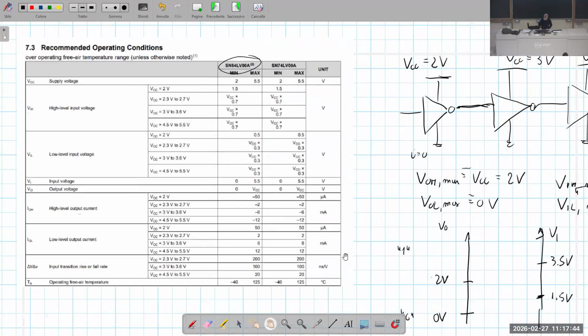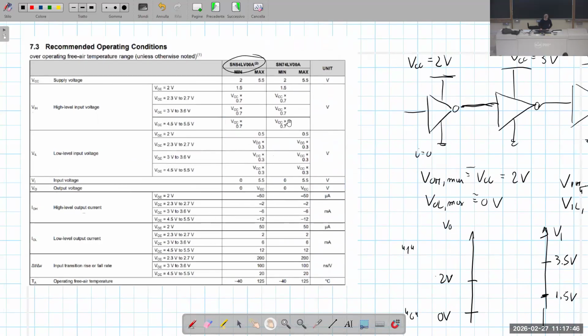I took it from the datasheet, where I can read that for VCC between 4.5 and 5.5, and 5 is in this range, the VIH minimum is VCC, so 5 volts times 0.7. 5 times 0.7 is 3.5. Okay?